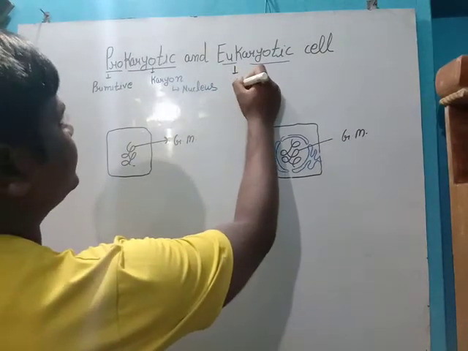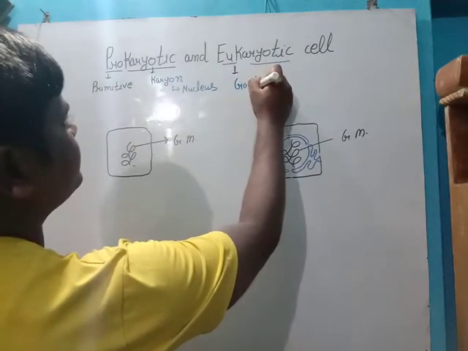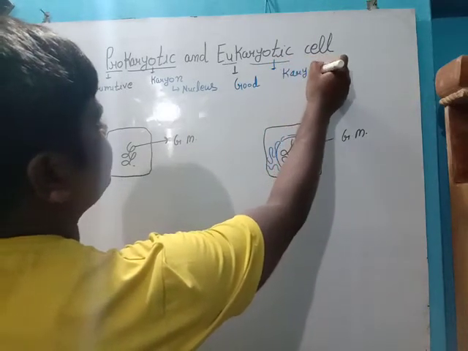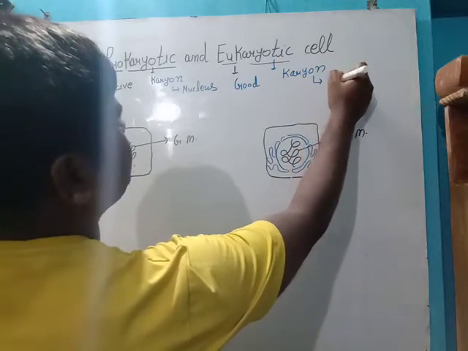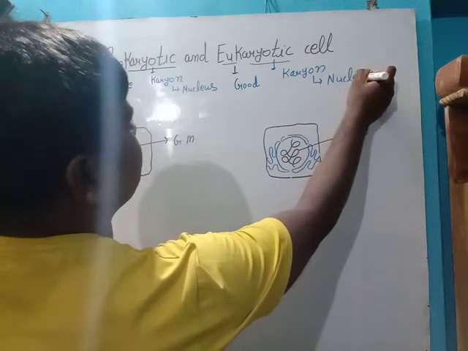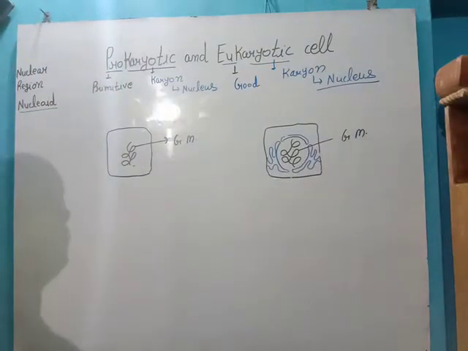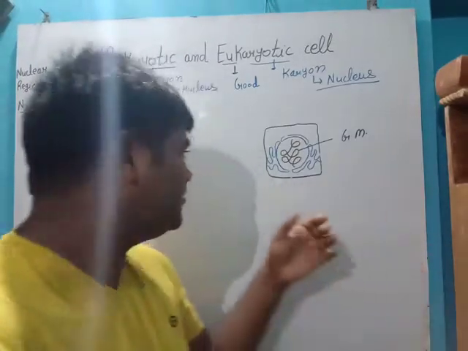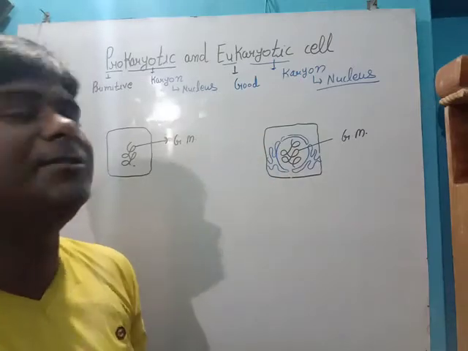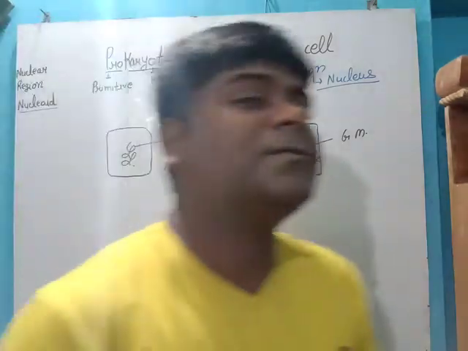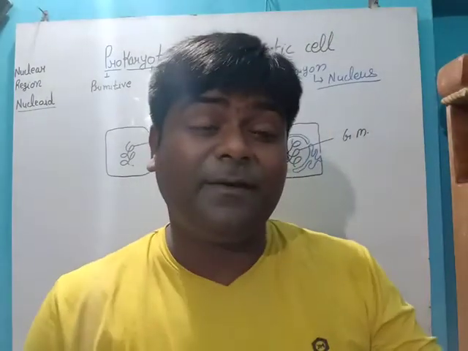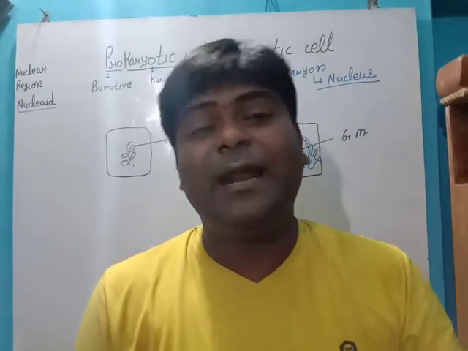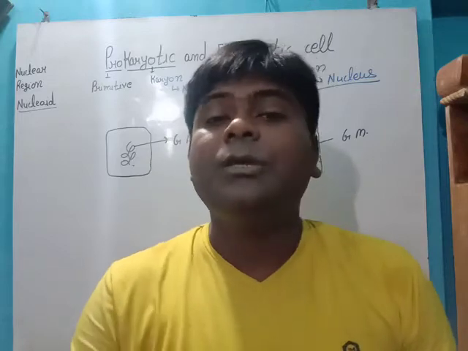U means good. And karyotic again, karyon means nucleus. When we have a well organized nucleus, see this one, well organized nucleus, when we have a developed nucleus in any cell, that cell is known as eukaryotic cell.